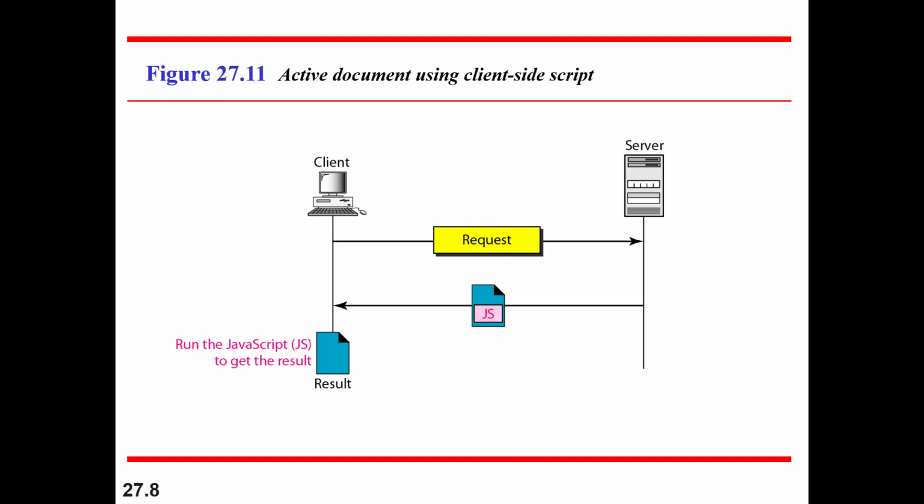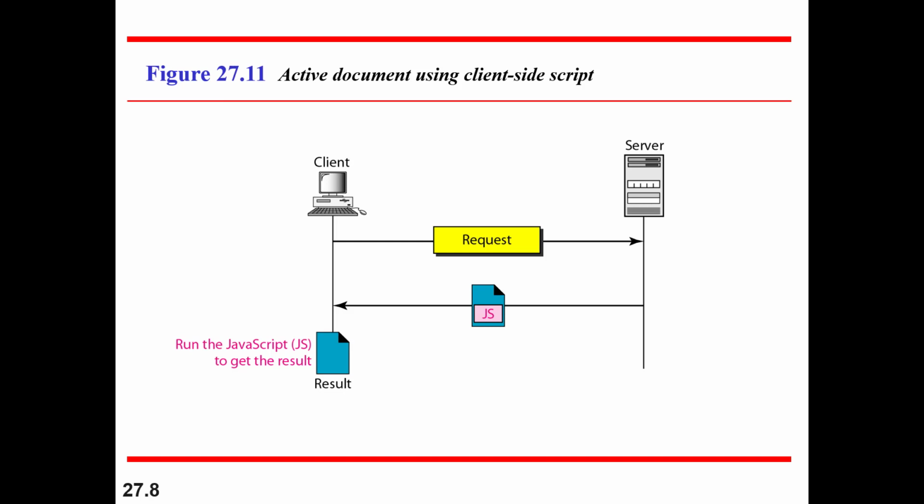Active documents. For many applications, we need a program or a script to be run at the client side. These are called active documents. Suppose we want to run a program that creates animated graphics on the screen or a program that interacts with the user. The program definitely needs to be run at the client side where the animation or interaction takes place.